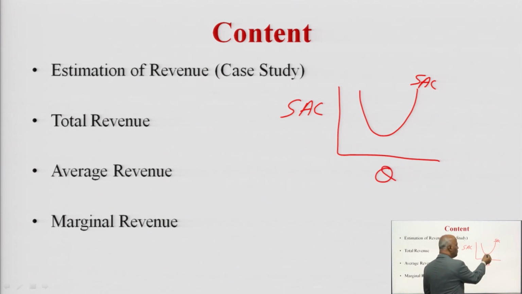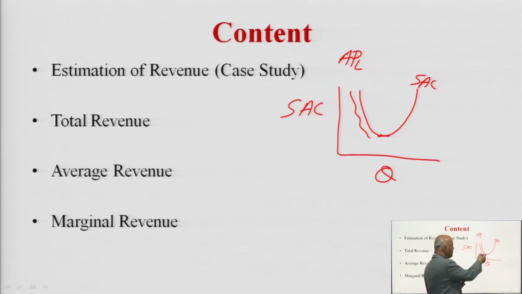Every firm wants to be at the minimum point of this short run average cost, and that happens when the average productivity of labor, or the efficiency of labor, is much higher. That means the same labor, if working for more hours initially, will be producing more and more output.